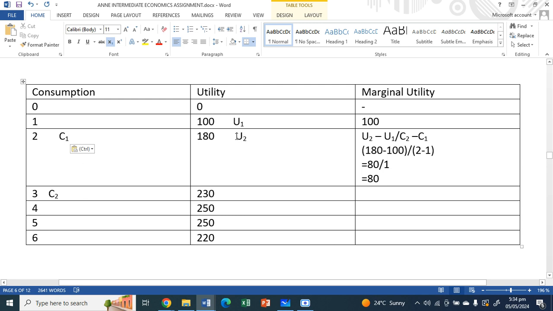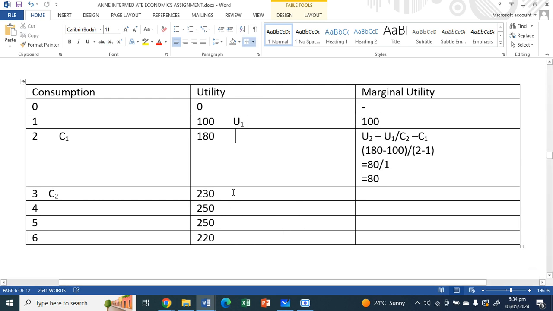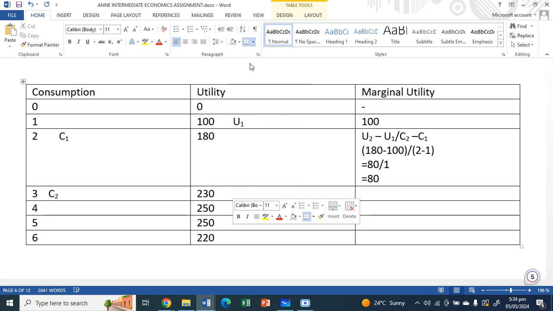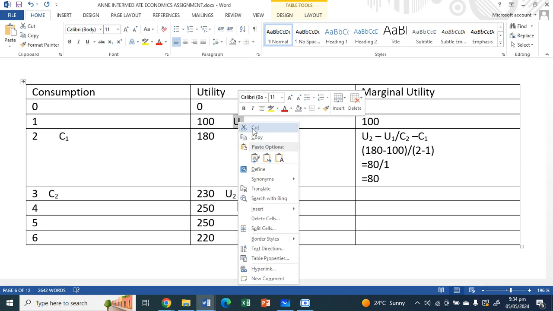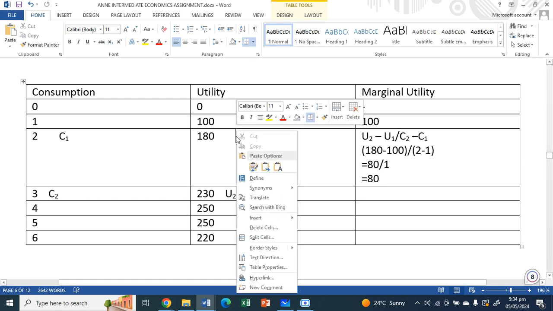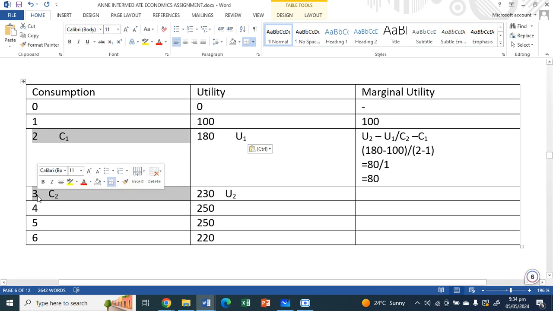And then for our utility, since we moved from 2 units to 3 units, our utility U2 is 230. And our initial utility was 180. So we're now trying to get the marginal utility when we increase consumption from 2 units to 3 units. What is the additional satisfaction that we get?